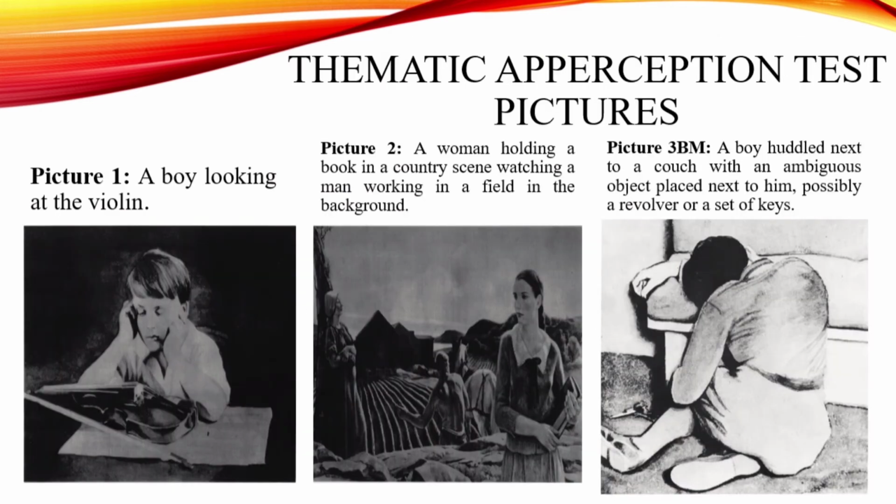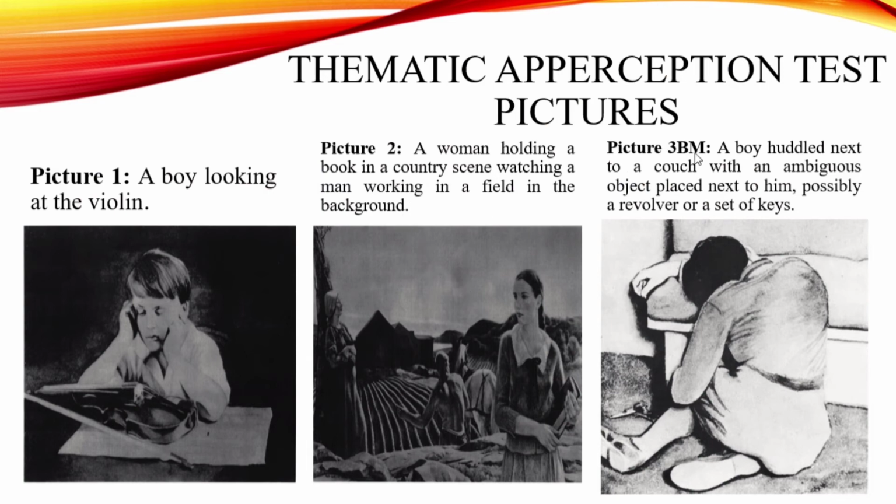So, these are some examples of the Thematic Apperception Test. I only put around 9 to 12 pictures. In picture 1, the boy is looking at the violin. The next picture, a woman is holding a book in a country scene, watching a man working in the field background.